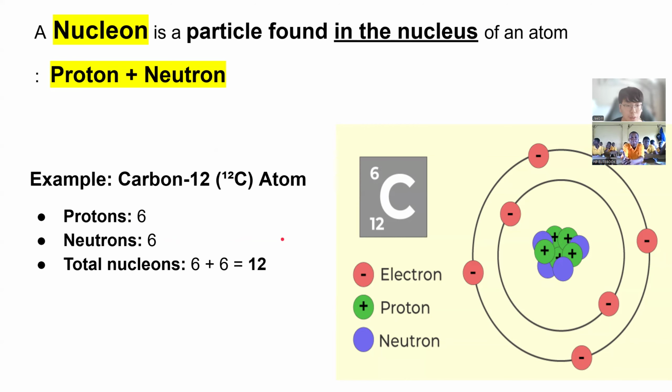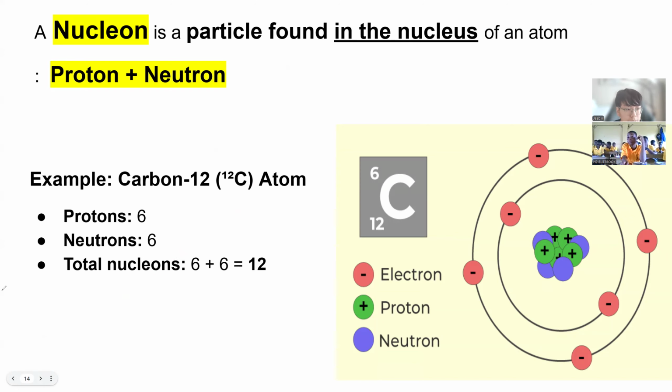So we have 12 nucleons. And from this, does anyone know how many electrons we have in this carbon-12 atom? It will not be 12, you said that.